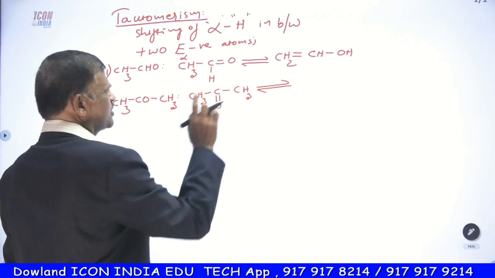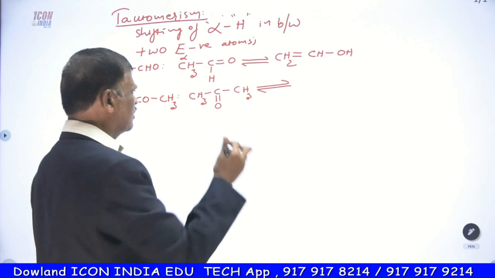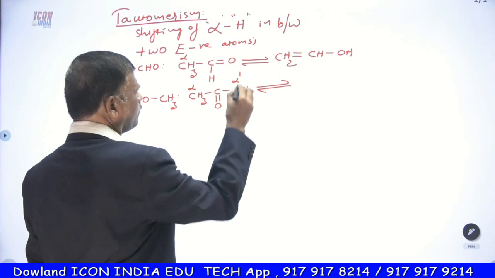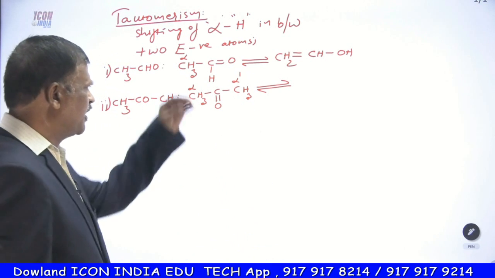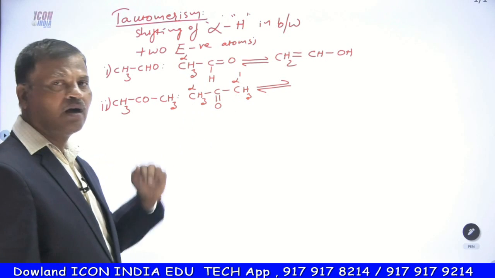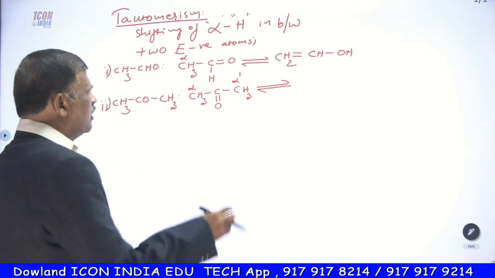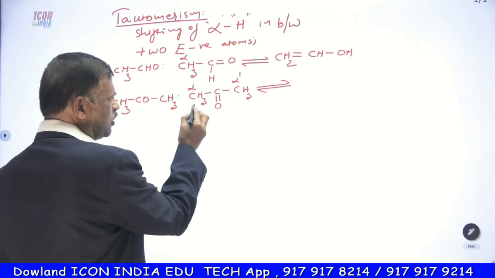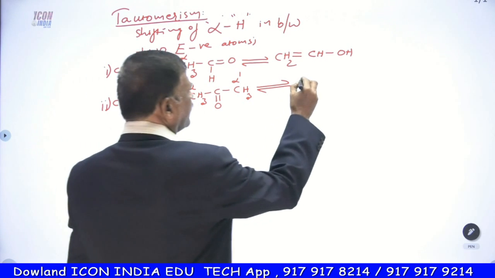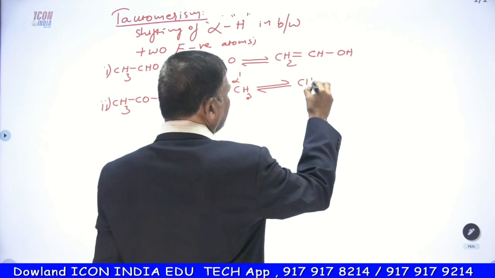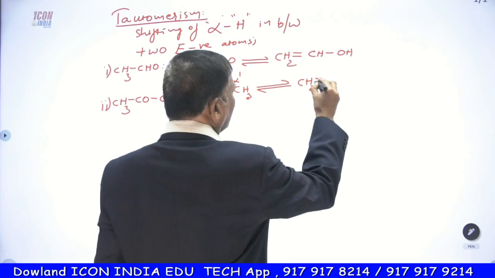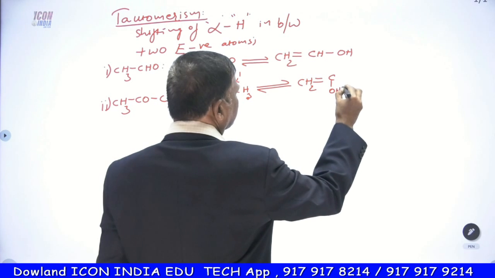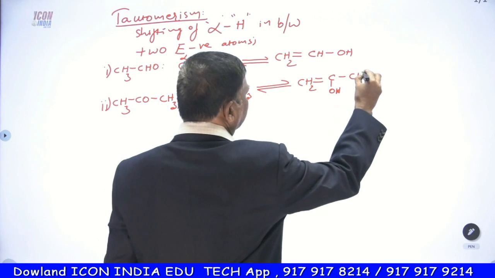These 3 and those 3, all the 6 are alpha hydrogens. We need only 1. For the sake of difference, here I wrote alpha dash. So shift one of the 3 alpha hydrogens from carbon to oxygen. Consequently, CH2=C(OH)-CH3.